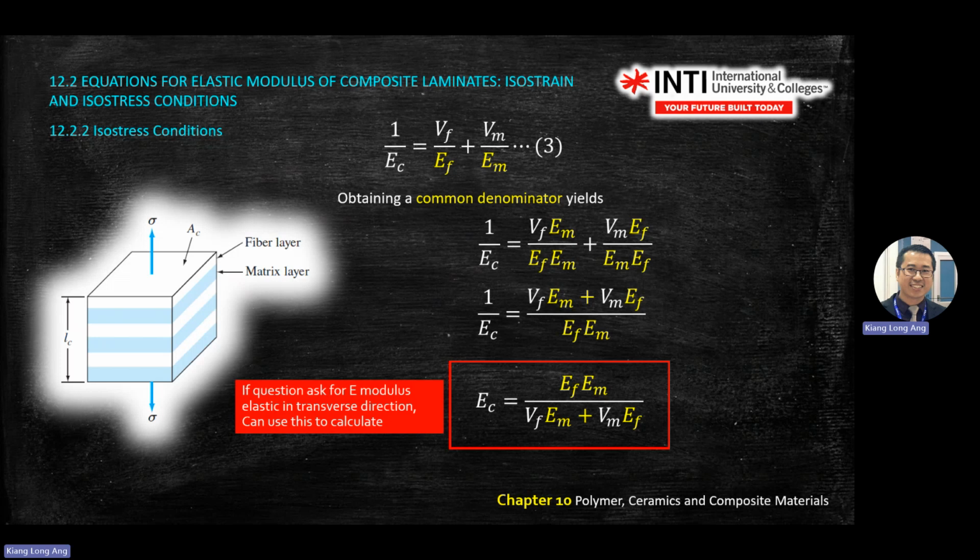Again, if the question asks you for the elastic modulus E in the transverse direction, then you use this one. This one is the transverse direction, and this one is the longitudinal direction. These are the keywords in the question.